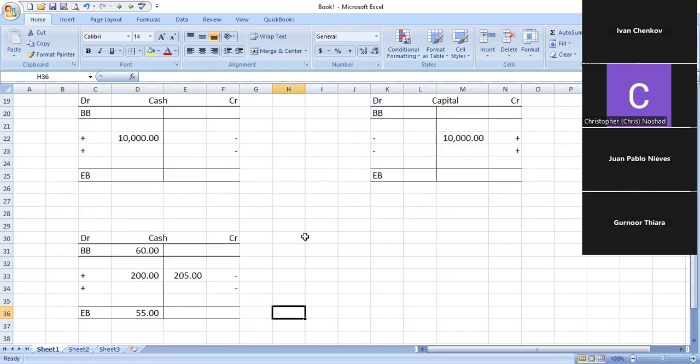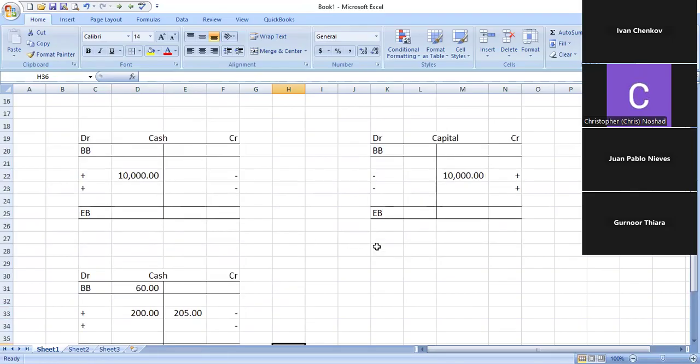So now, if you have to do the same thing with the liability, pretty much exactly the same idea works, but in the liability, we're going to do some adjustments here. What are we going to do?